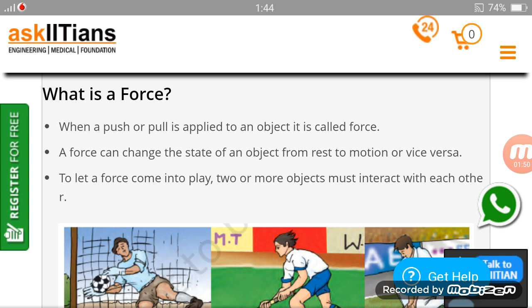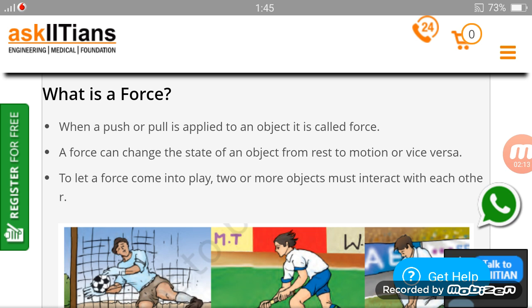When we push the door, or when we push someone, when we push a child, then the child moves away from us. When we push the ball, then the ball moves away from us. When we push the door, then the door moves away from us. And on the other hand, when we pull something, then the thing comes towards us.